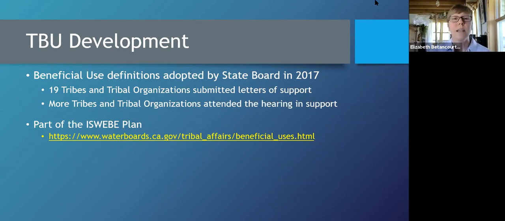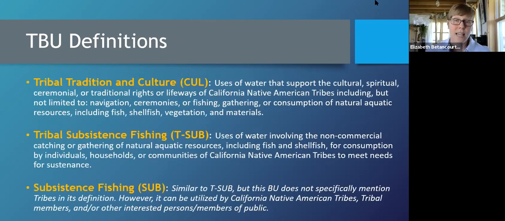Here's a slide with the definitions. We will show these again, but we thought you'd be interested early on in knowing what tribal beneficial uses were identified. Specifically, there are 2 that we will be focusing on as part of this process, and that is the tribal tradition and culture definition.